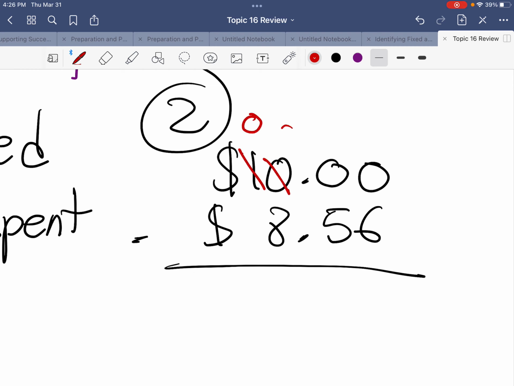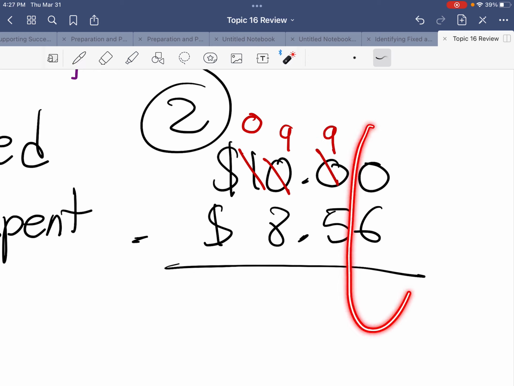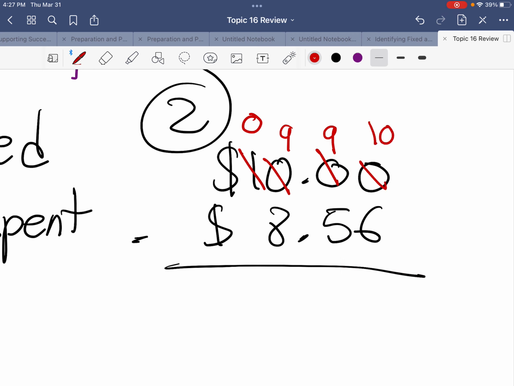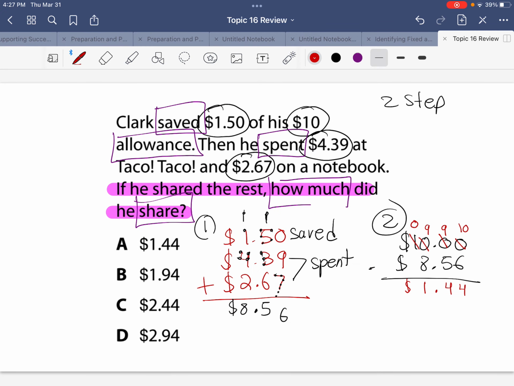This 0 becomes a 9. The other 0 becomes a 9. The 0 that I'm focusing on right now becomes a 10. 10 minus 6 is 4. 9 minus 5 is 4. Drop my decimal. 9 minus 8 is 1. So he was able to share $1.44. A.